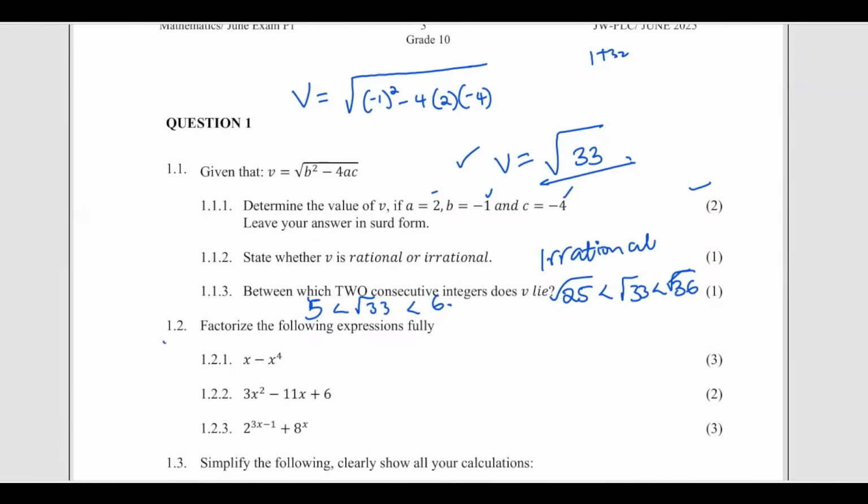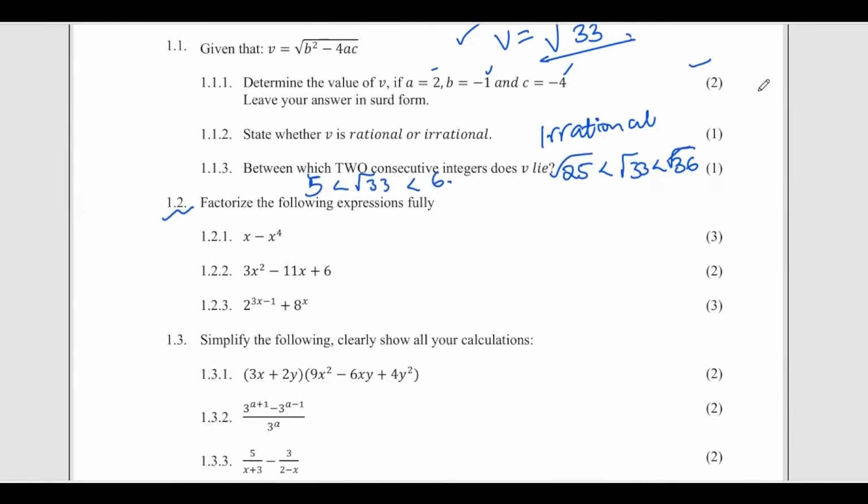Then 1.2, they want us to factorize the following fully. Whenever you're factorizing, remember you're taking out what is common. What is common here is the x, first of all. Then we have 1 minus x cubed. But this is a difference of 2 cubes because 1 cubed is still 1.